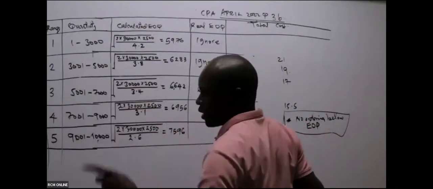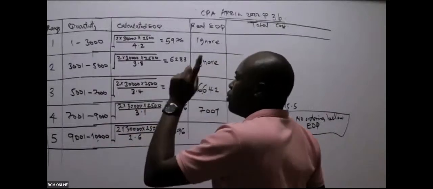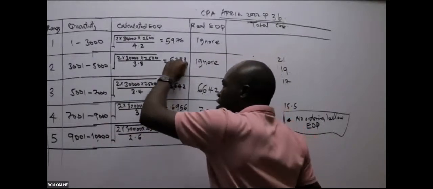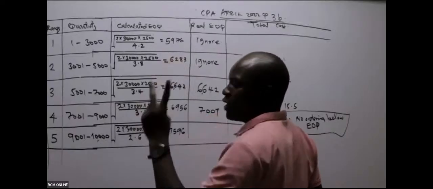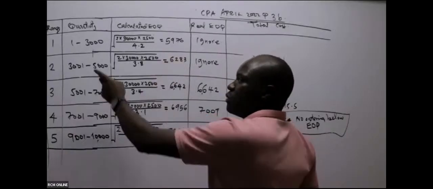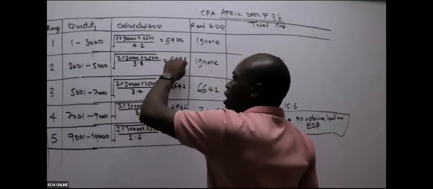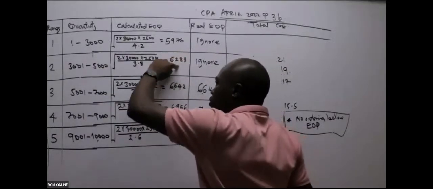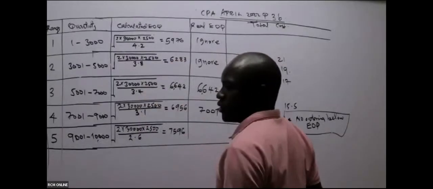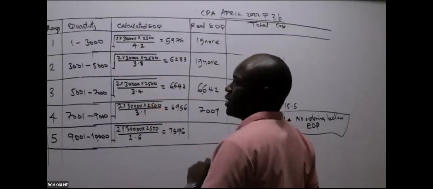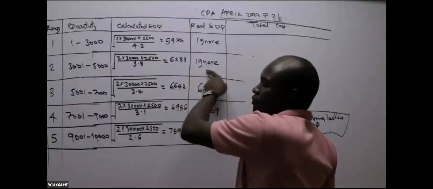That is number 1. Number 2, for you to make purchases, you cannot purchase anything below this. So we are actually having 2 options. You cannot purchase what is above this range to get the discount. You cannot order what is below this to get the discount. So we are now restricted, and therefore we just ignore.